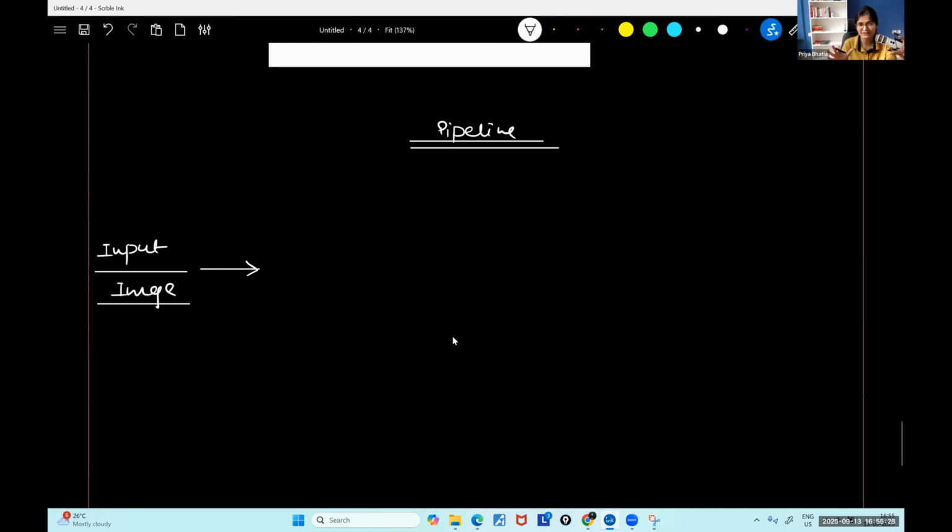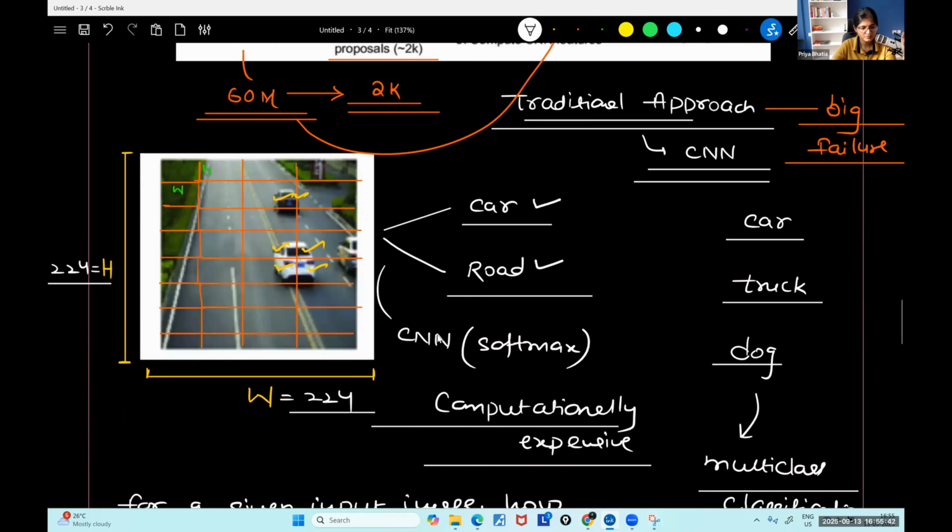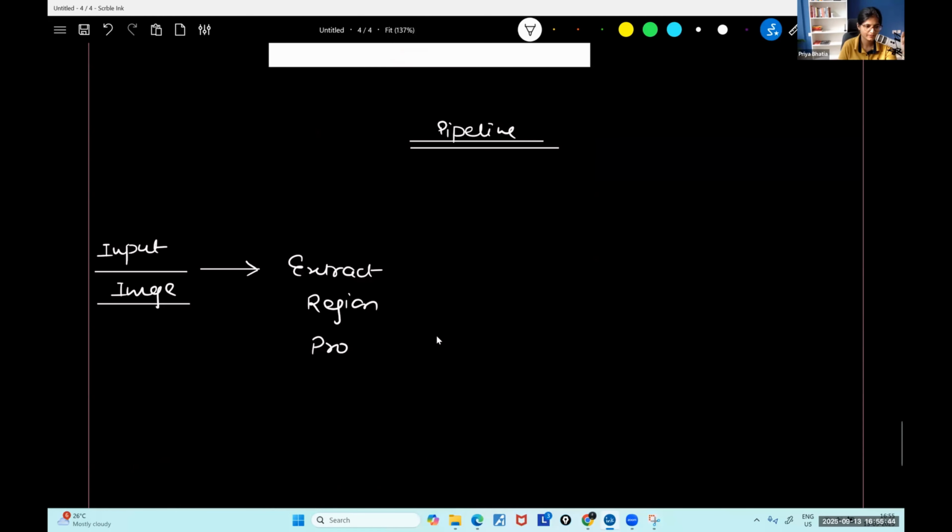Anyhow, if we have an input image, it will first extract, as per the detection part, the region proposals of the same, wherever the possibilities are there. So if, let's say, it is 2K, it has determined.